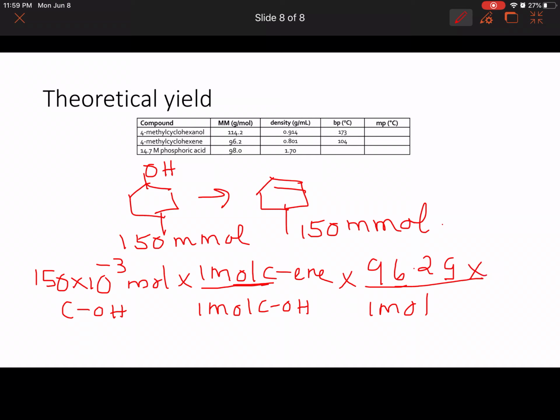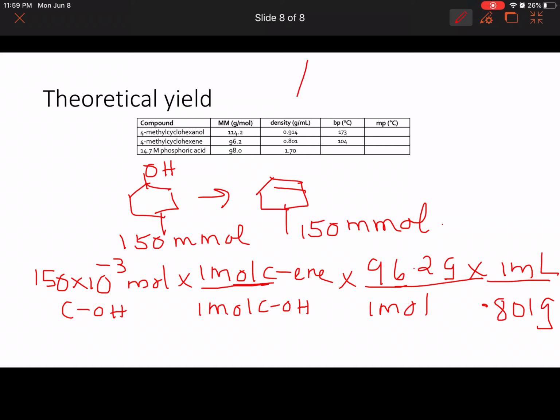Since it's also going to be a liquid, you can convert it to milliliters using the density: 0.801 grams is 1 milliliter. So this will give you the theoretical yield of cyclohexene.